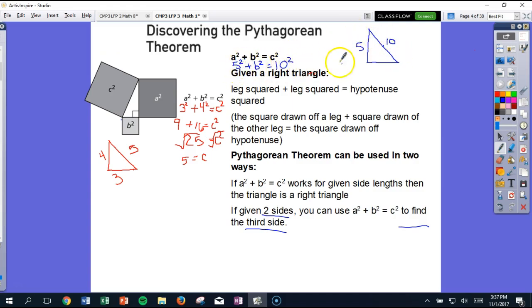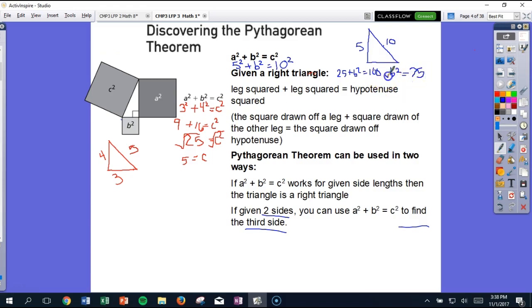Well, if we do the math here, 5 squared is 25, okay, plus b squared, okay, equals 10 squared, which is 100. Well, if we solve the equation for b, we subtract 25 off of both sides. We're left with b squared equals 75, okay? B squared equals 75.